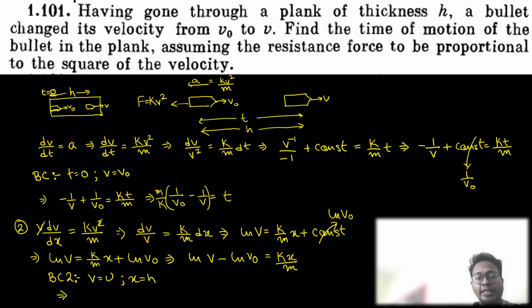Let me write this equation neatly: ln v by v naught is equal to kx by m. So out here, ln v by v naught is equal to kh by m.